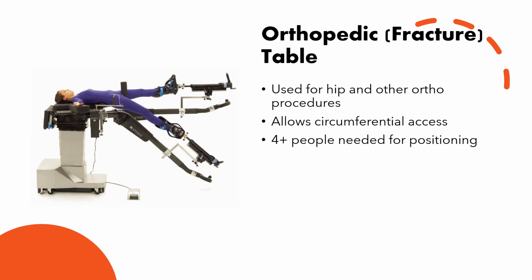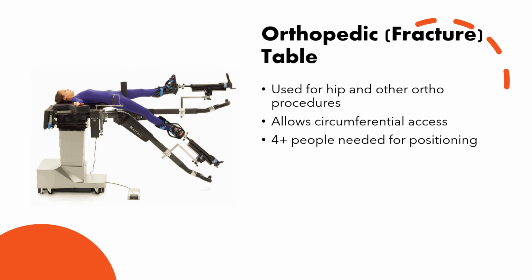However, I've never worked in a facility where there was a room just dedicated to the orthopedic table or fracture table. It was always shoved in the storage area and the parts and pieces were everywhere, and it was a serious pain to get it in the room, get the other OR table out, get all the positioning devices, and then the surgeon's typically going to come in and help assemble all of these things.